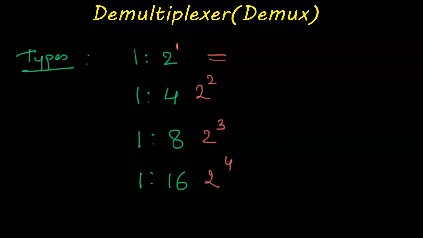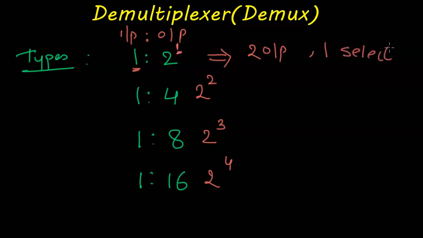In this particular case, it means we have one input. This is my input and these are my outputs. So we have two outputs and we have one select line. In this situation, we have 4 outputs and n is equal to 2, so we have 2 select lines.